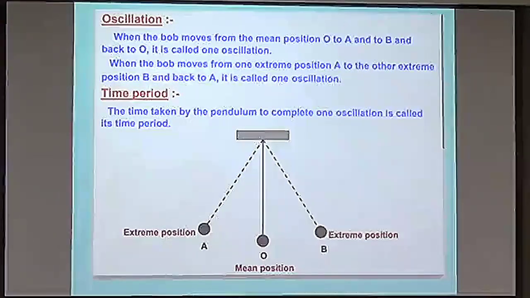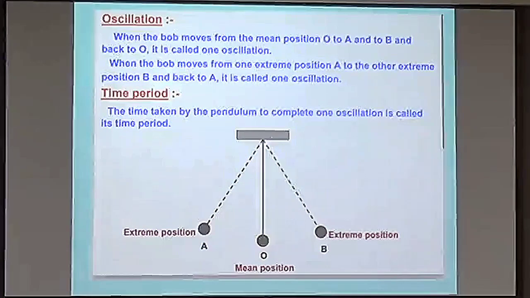Now see in the figure, there is a pendulum. O is the mean position of the pendulum. A and B are the extreme positions of the pendulum.